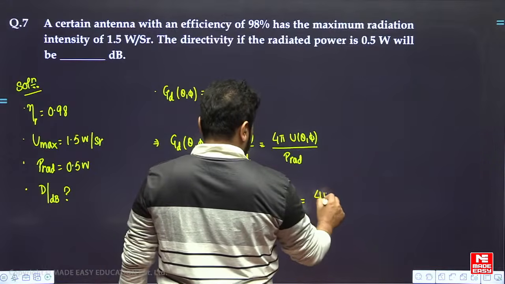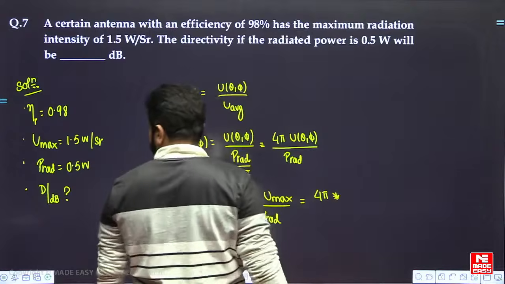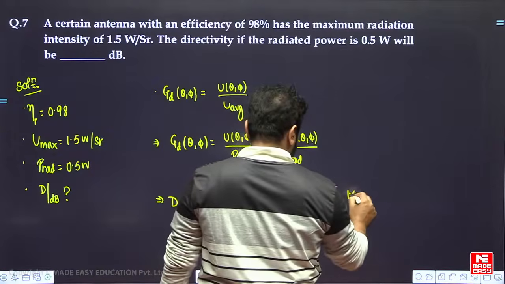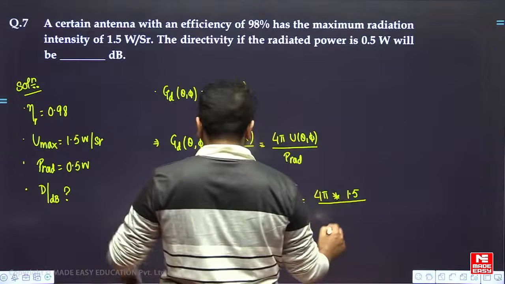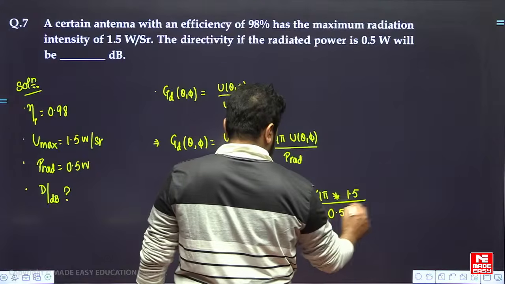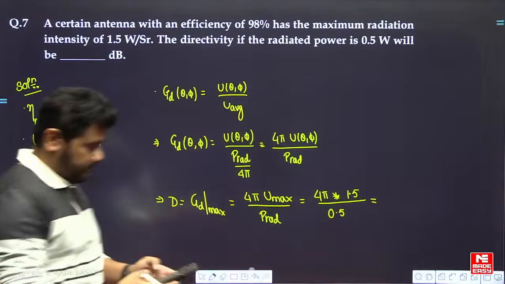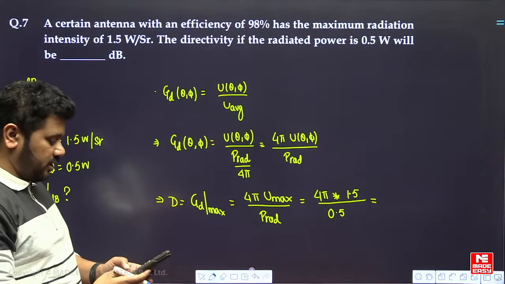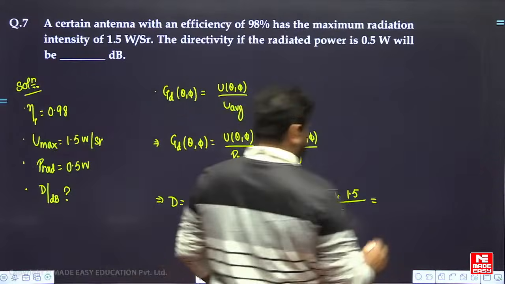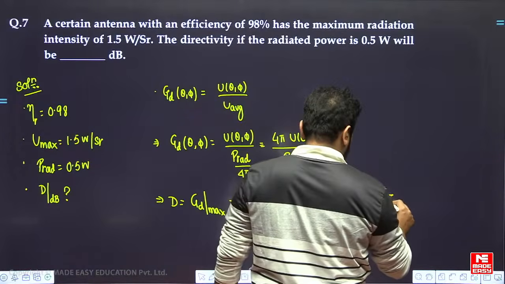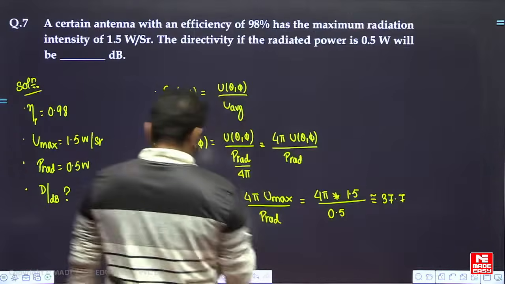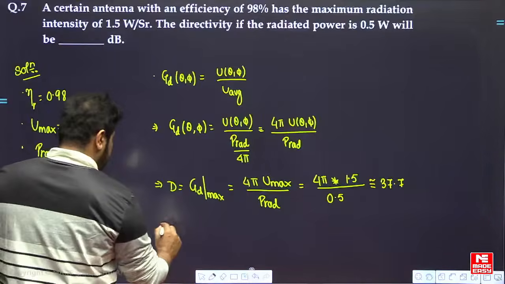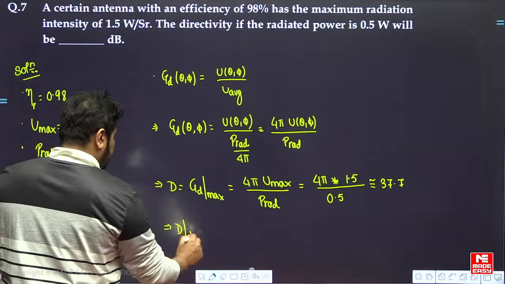So we are going to just put in the values. So 4 pi, what is your U max? 1.5 upon how much is power radiated? 0.5. So let us calculate this value. 4 pi into 1.5 divided by 0.5, 37.7 approximately we can consider, 37.7. They are asking in dB. So D in dB will be how much?